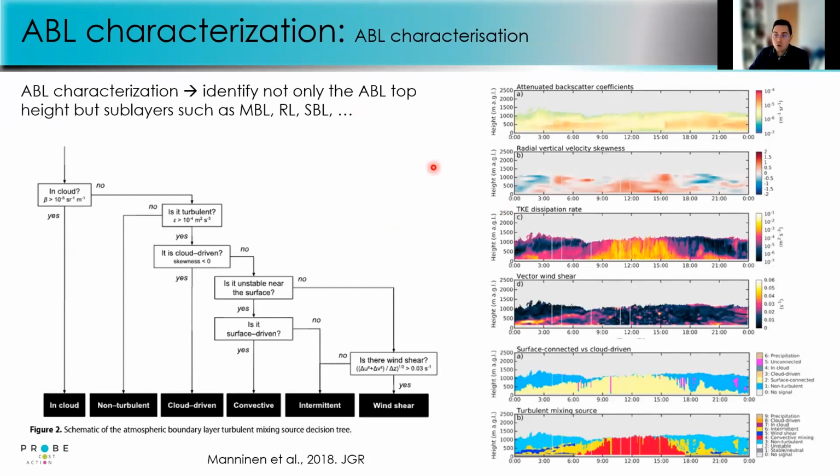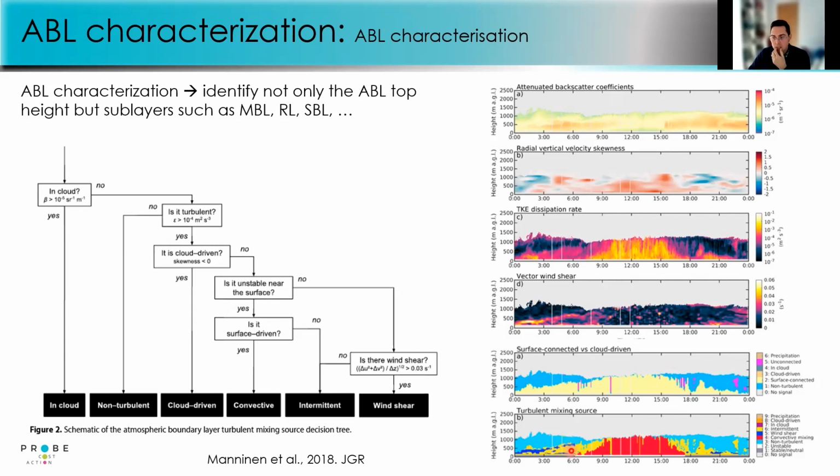So the idea is not only to characterize where the ABL top height is, but to identify the different sublayers within. For example, this is the decision tree used for each pixel to decide if it is within the ABL, if it's convective, if we have wind shear, or we have both.